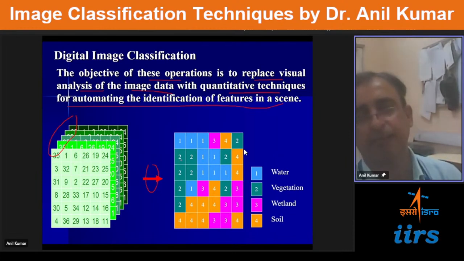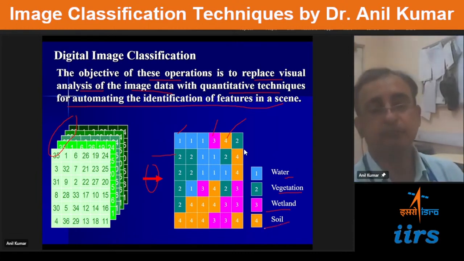Like some pixels can be labeled 1, 1 means water. Some pixels are labeled 2, that means vegetation. Some pixels are labeled class 3, which are basically wetlands, and some pixels are labeled soil, right?